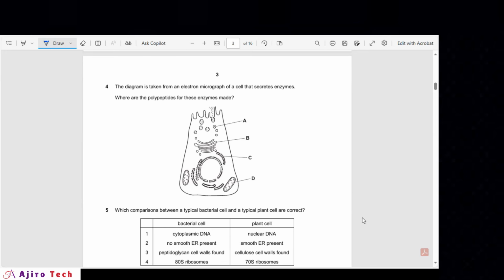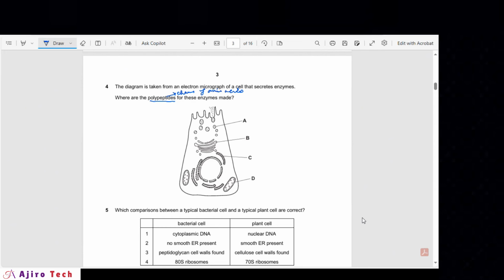The diagram is taken from an electron micrograph. And here, for a cell that secretes enzymes, we're simply asked where the polypeptides, chains of amino acids, of the enzymes are made.